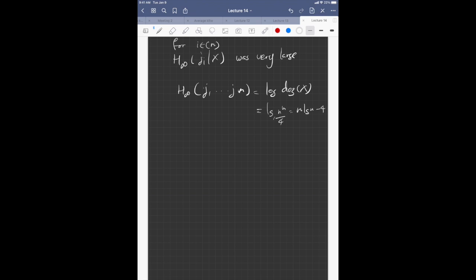So hence we were able to get that, and since this was upper bounded by the sum of i in m, h infinity of ij, we were able to get that this is at least m log n minus 4. And because all of these values maxed out at log n, we knew that all of them had min entropy log n minus 4.